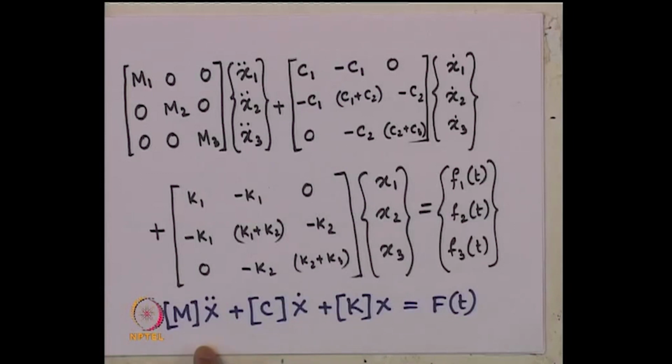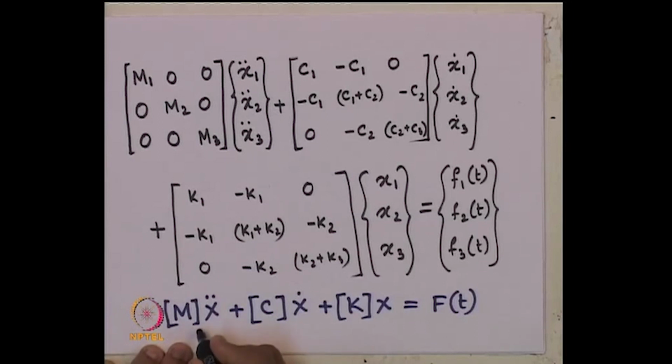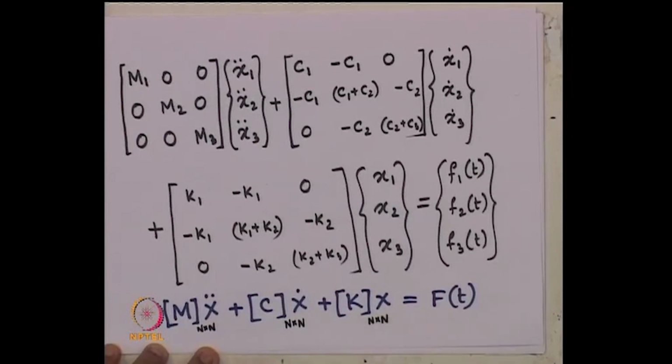So, for n degrees of freedom of a system, we will have a mass matrix of n by n, damper matrix n by n, stiffness matrix also n by n, whereas the acceleration vector will be a vector of n by 1.